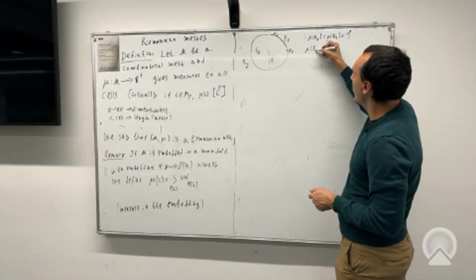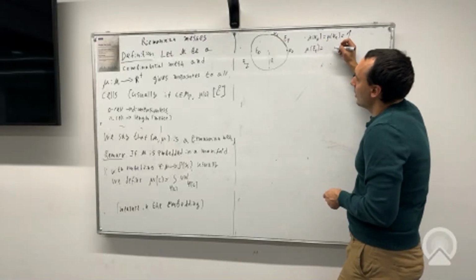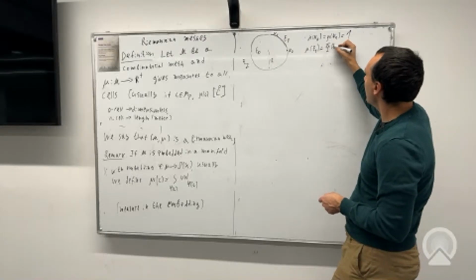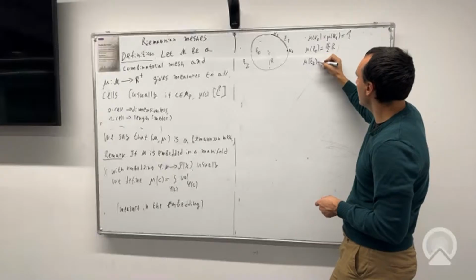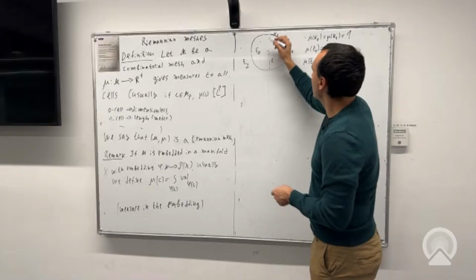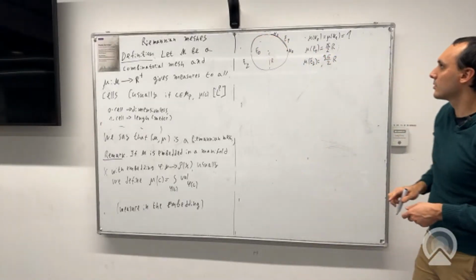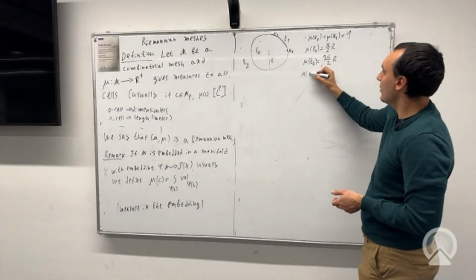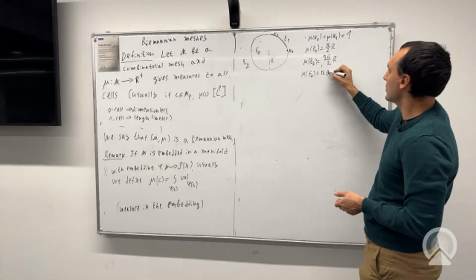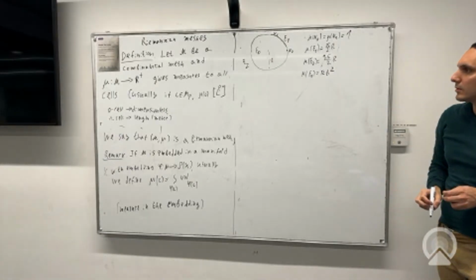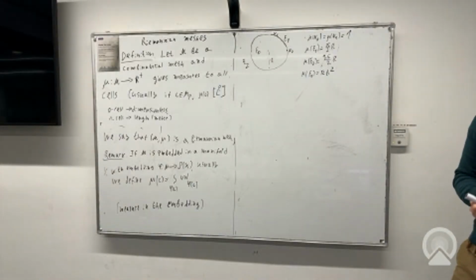The measure of E1 is pi over 2 times R. Measure of E2 is 3 pi over 2. So this is 1/4 and this is 3/4. The whole is 2 pi R. And the measure of F0 is pi R squared. Okay. This was some example.